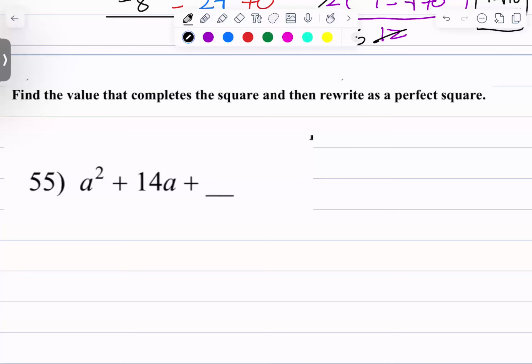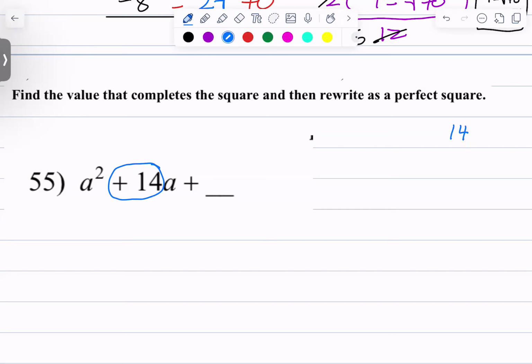So this one, it says to find the value that completes the square, then rewrite it as a perfect square. Remember the steps. We are going to get that middle coefficient along with the sign. So that's positive 14.